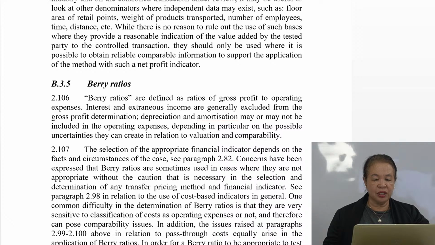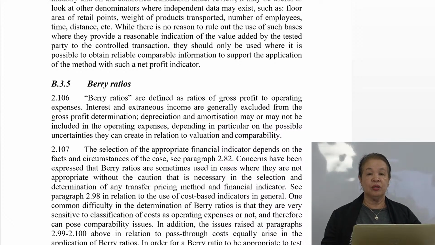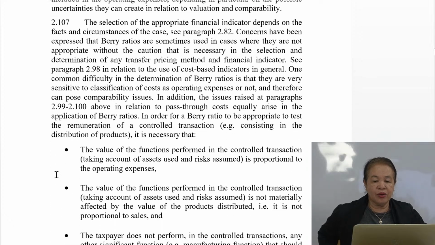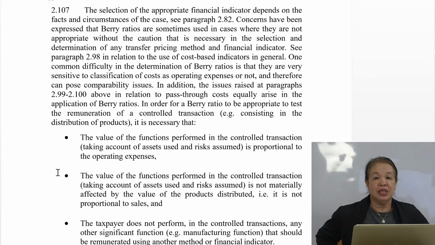Depreciation and amortization may or may not be included in the operating expenses, depending in particular on the possible uncertainties they can create in relation to valuation and comparability. So the selection of the appropriate financial indicator depends on the facts and circumstances of the case. You can always hear this statement: depends on the facts and circumstances of the case.